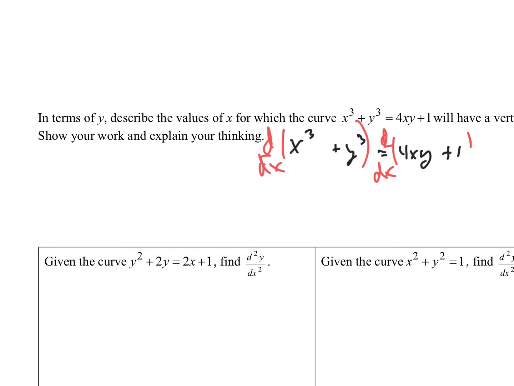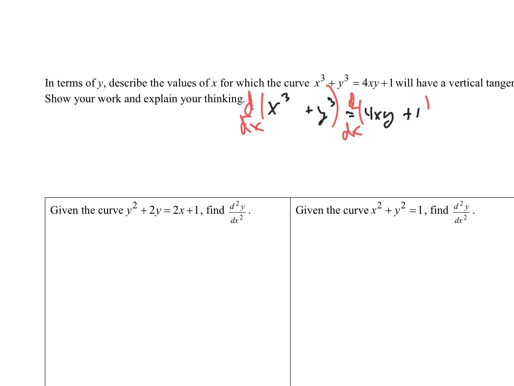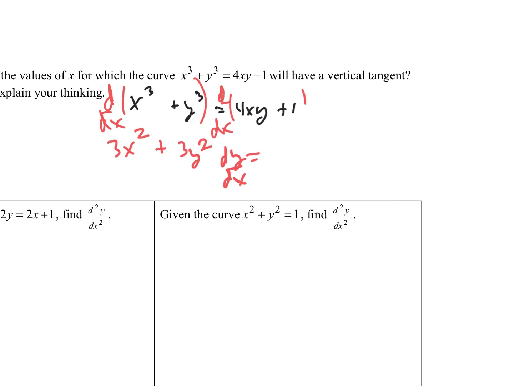And that gives me, I don't think they gave me enough room to do all the work, 3x squared dx, I'll leave off now, plus 3y squared dy dx, I cannot leave off, equals the product rule.